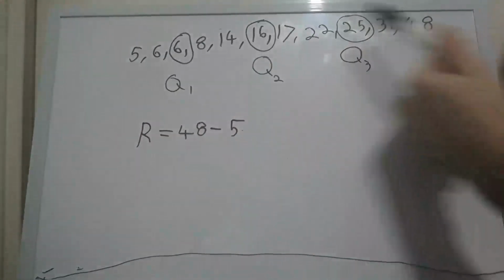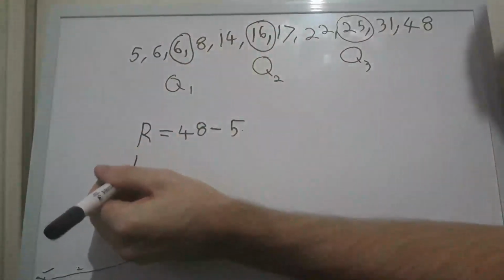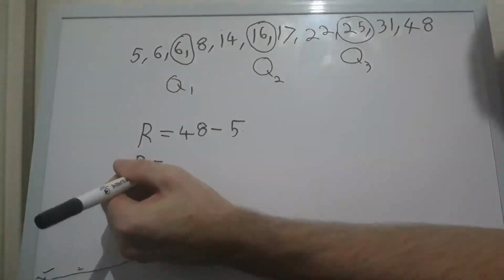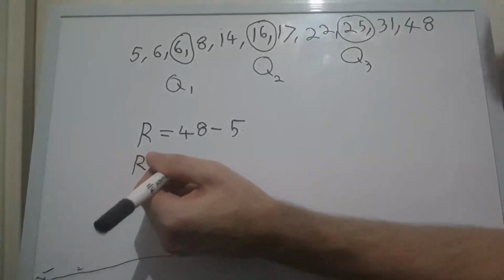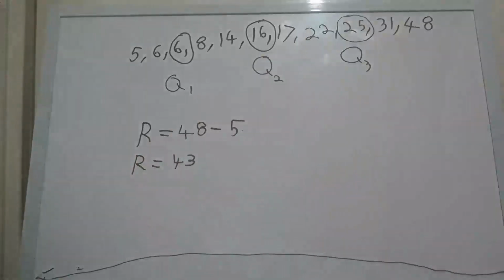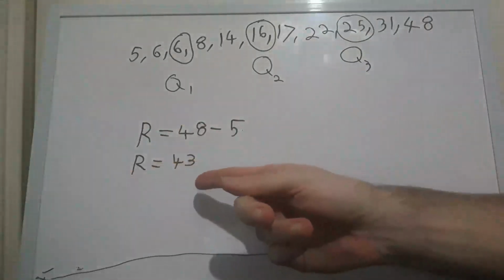It's your biggest value minus your smallest value. So R will be equal to 43. I really hope I got that right. Yes, I did. So if the question was, what is the range of this data set? Your answer would be, range is equal to 43.